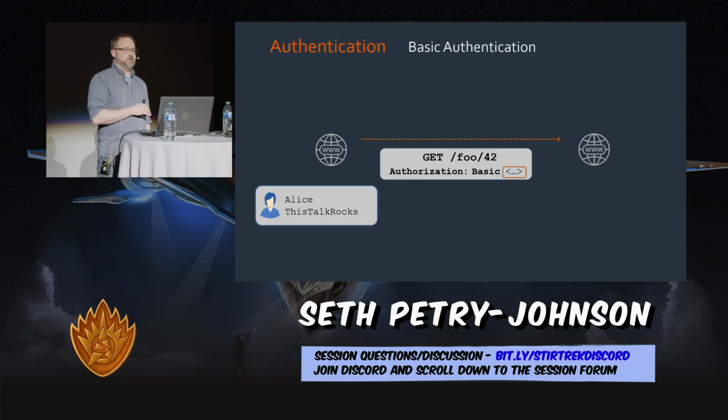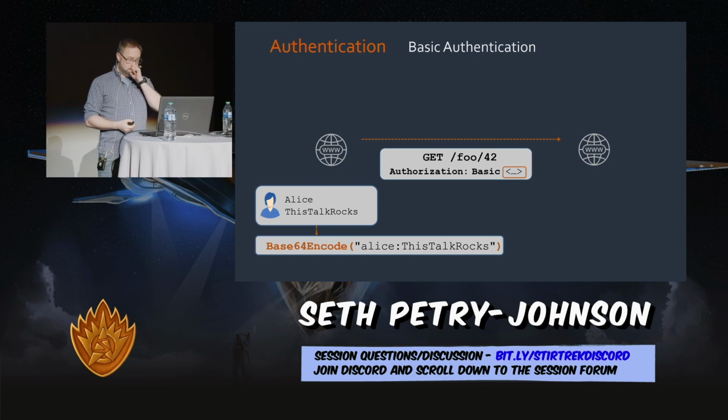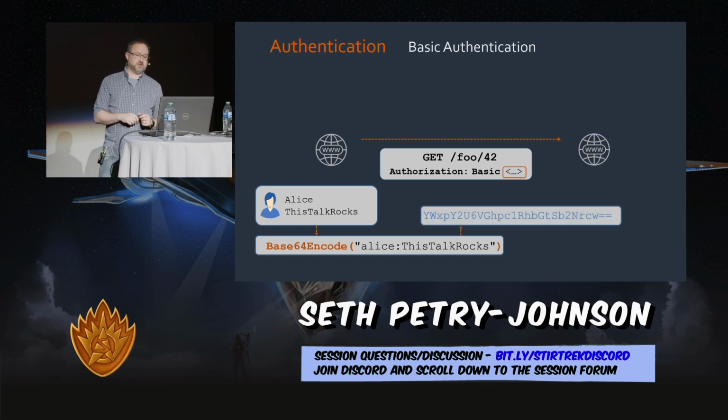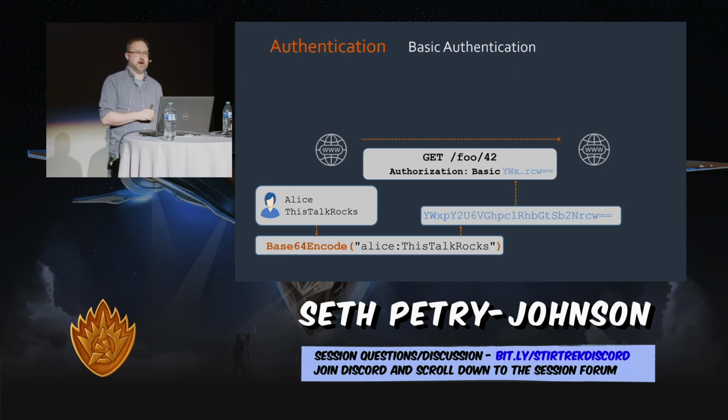So basically, the client still needs to know the username and password to use for authentication. To make an authenticated request, the client concatenates those things together, and base 64 encodes the string. The encoding process results in some string of gibberish, which is then put into the HTTP header.